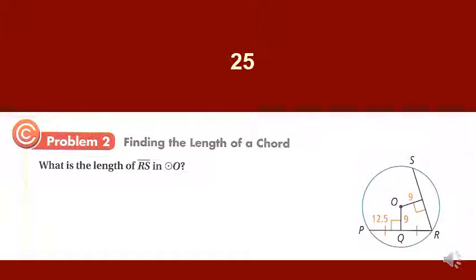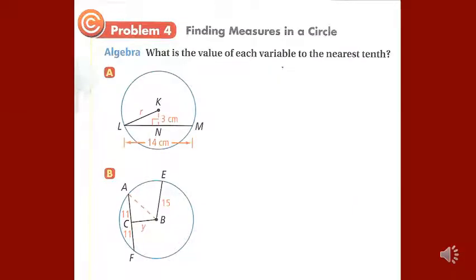And when you go through this, the bottom chord, PR, if you add up 12 and a half on the left and 12 and a half on the right, it's going to be 25. And since RS is the same distance from the center as that bottom one, it's got to be the same, so it's 25 too.